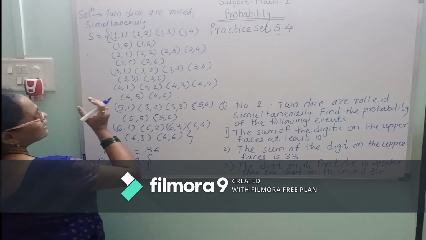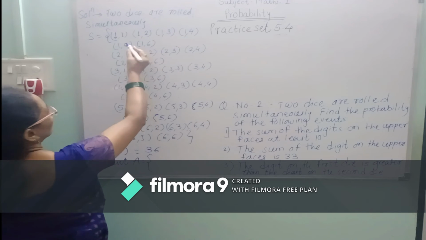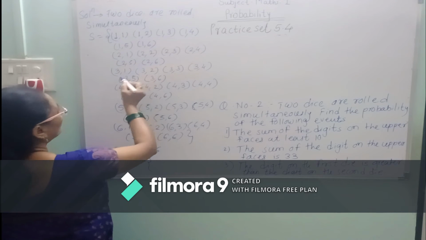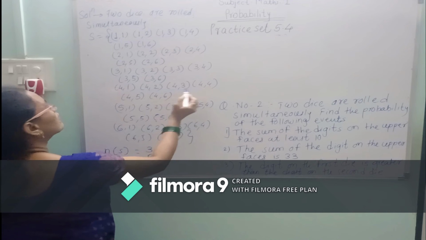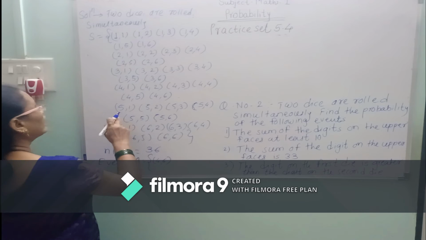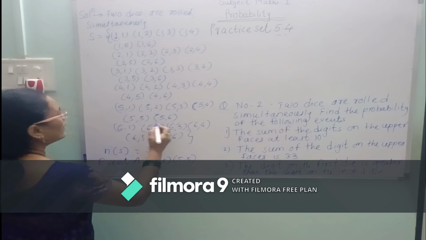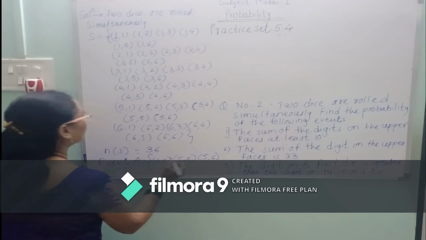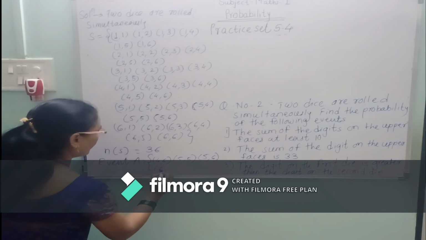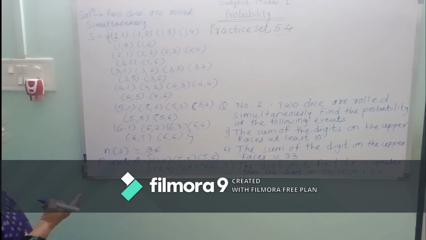So we find the outcomes where the sum is at least 10: (4, 6), then (5, 5), then (5, 6), then (6, 4), then (6, 5), and (6, 6).